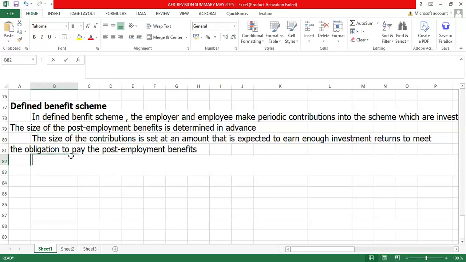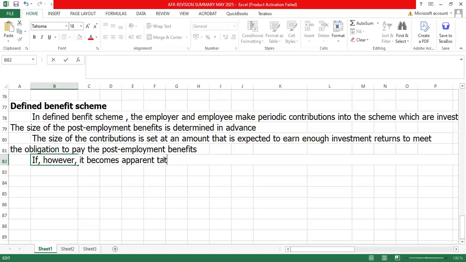Okay, so we are going to say that if, however, it becomes that the assets in the scheme are insufficient, what will happen?